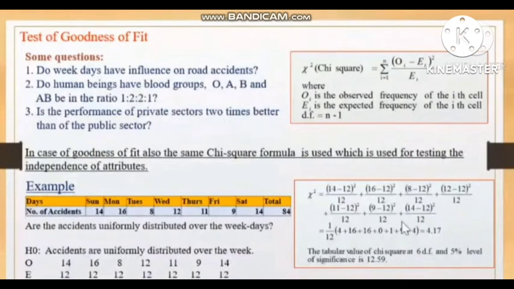So this is test of goodness of fit. The same chi-square formula we use here. It is the test of whether our hypothetical pattern, the pattern which we believe, fits well with the observed pattern or not.